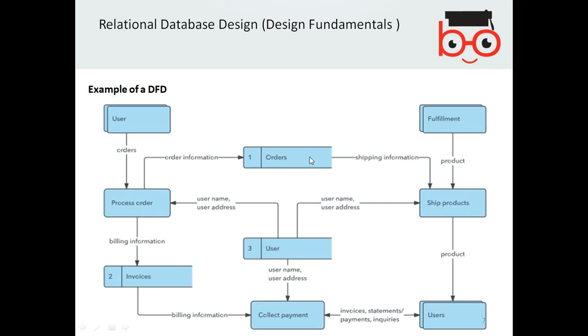Then the order would require the orders table, for example, and then need to generate the invoices, and the invoices are related to the payment. The order would be related to the user again, and the shipment of the product would be related to the user, where it needs to be done, and the ship products would be supported by the fulfillment table.